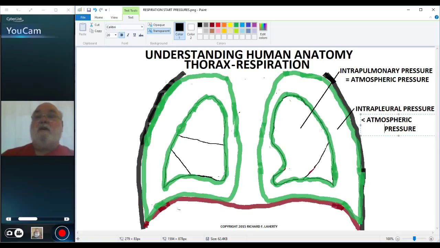Finally, we can measure the pressure within the thorax, between the pleura and the body wall. This is the intrathoracic pressure.